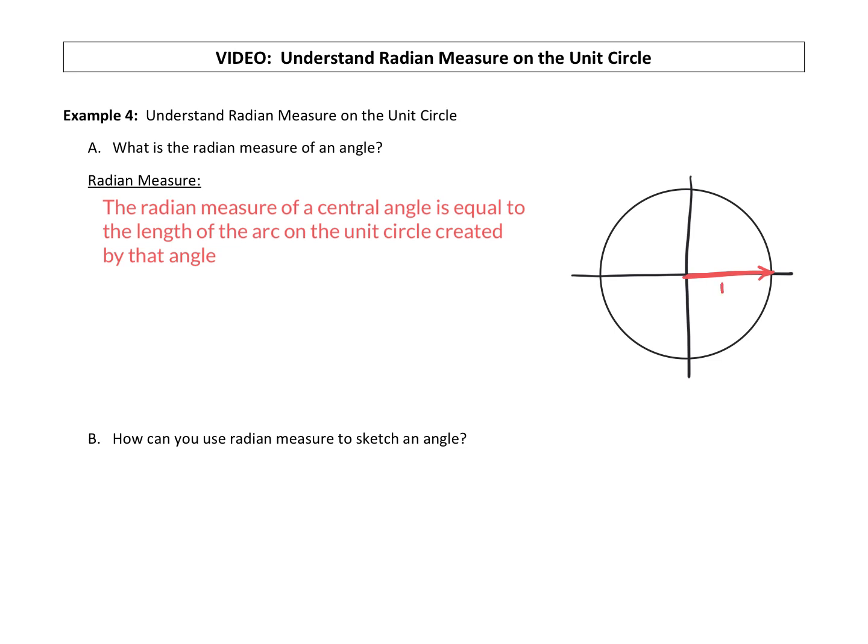And then if I draw in the arc, so remember the arc, this is a geometry idea. The arc goes along the circle like this, all right? So if we want to show what 1 radian is, we know 1 degree is a really, really small angle. What is an angle with a measure of 1 radian?